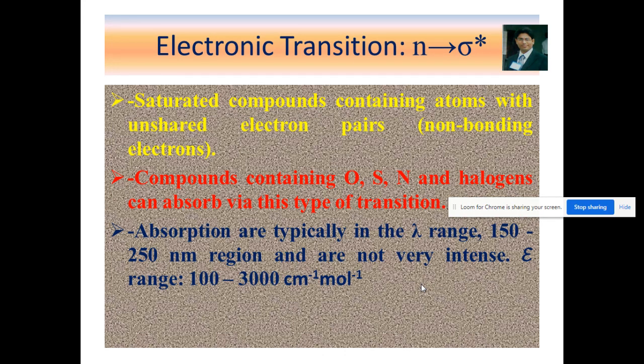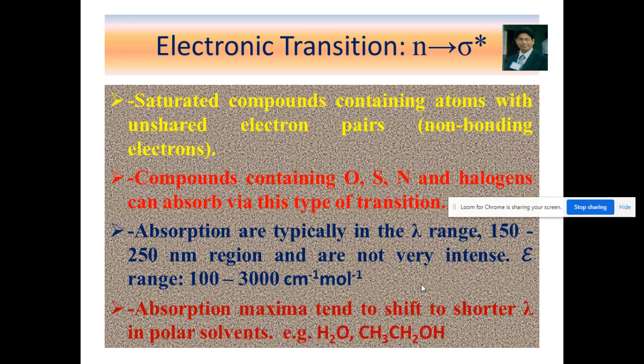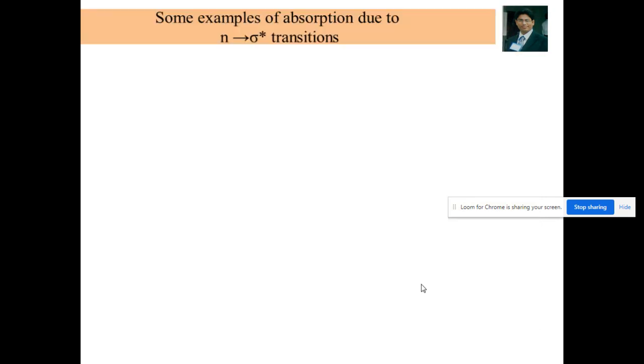Absorptions are typically in the lambda range of 150 to 250 nanometer and are not very intense. Absorption maxima tend to shift to shorter lambda in polar solvents, that is in water or ethyl alcohol, etc.